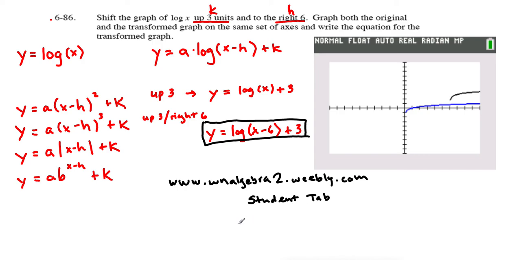There should be a GeoGebra tool for logarithms and exponential functions. It allows you to transform them and move them around, and play with them a little bit more.